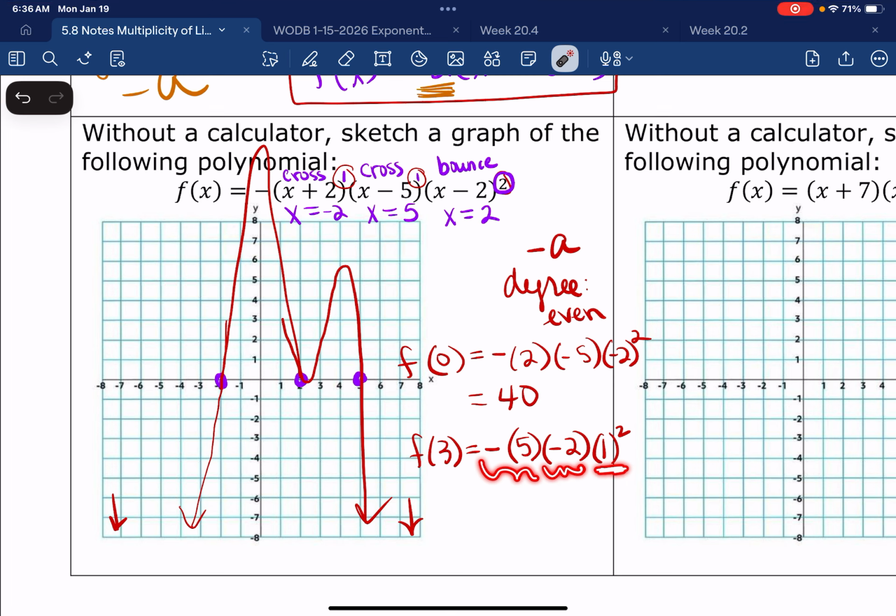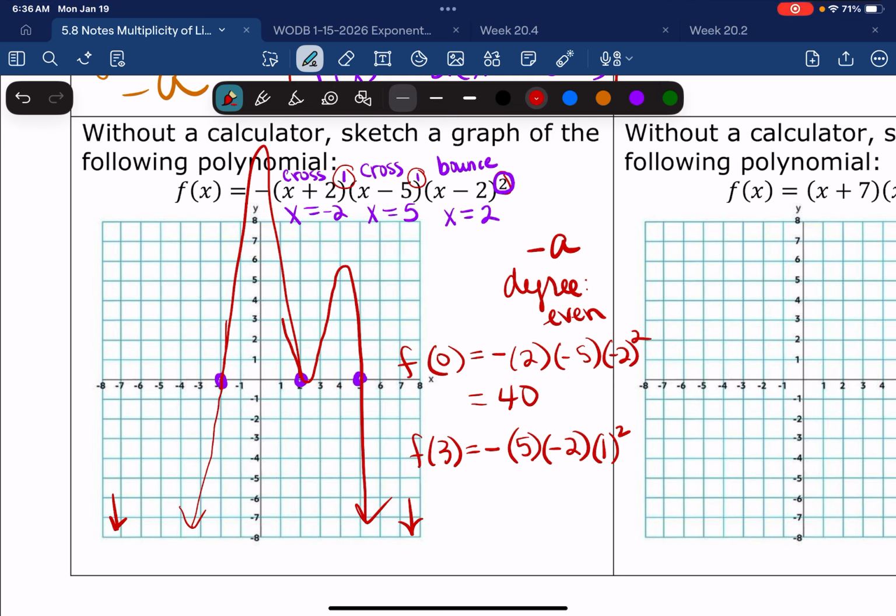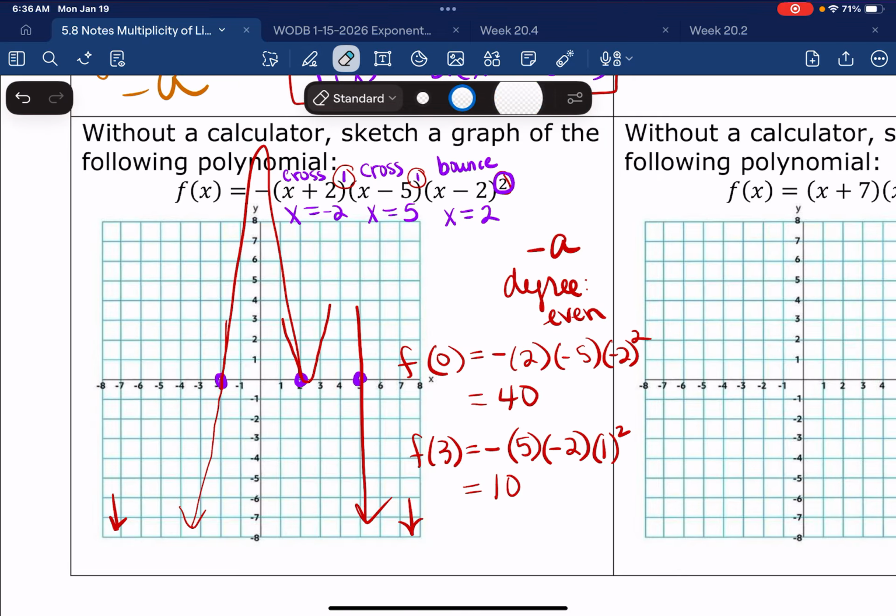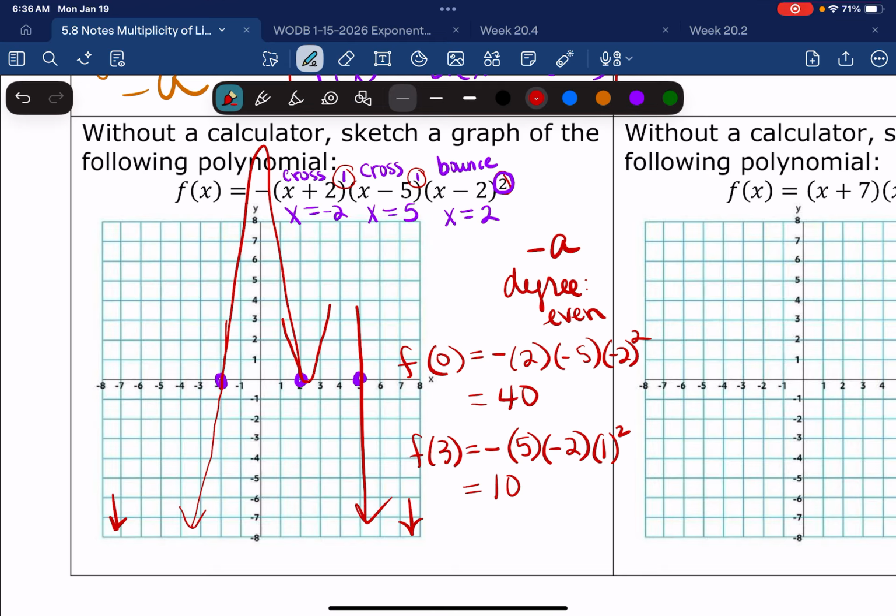And then times 1 squared, it just stays positive 10. So when my x value is a 3, my y value is a positive 10. So that part of my graph also should have been a little bit higher, but not quite as high as our other peak. So let's go ahead and draw something like that. Maybe a little higher, but you get the general idea, okay?